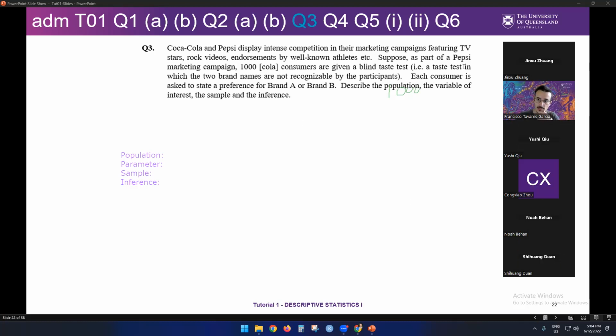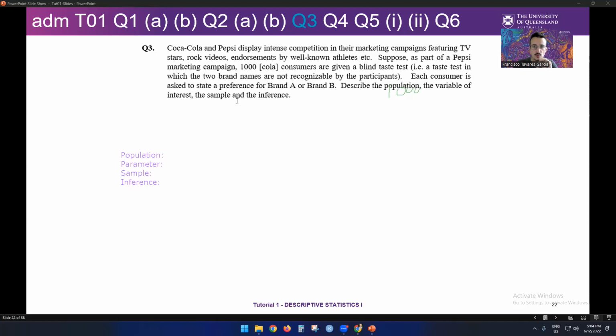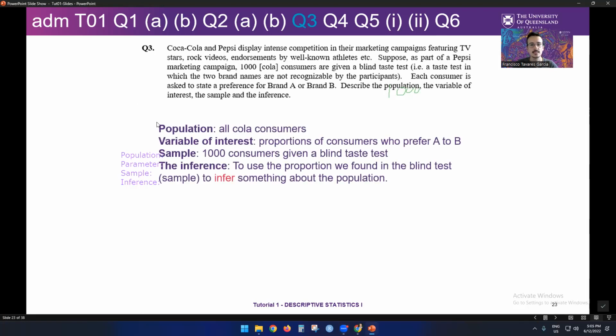All right, so let's see what's going on. I will move on with this one. I will close my annotate here. In here, the population we're thinking about when we're doing this marketing research is actually all cola consumers, because these companies want to know if they can sell more of their product to other people.